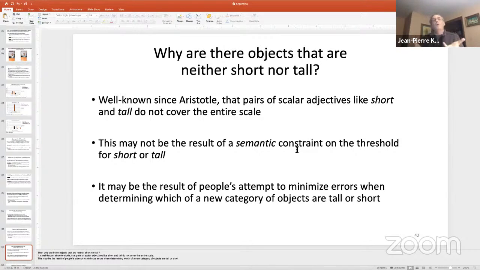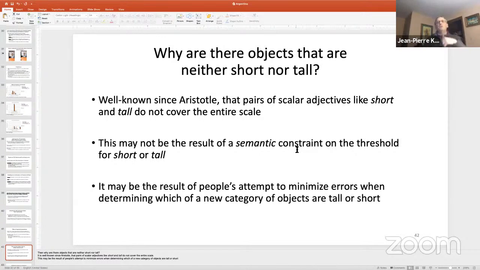And the suggestion we want to make is that this fact is possibly not the result of a semantic constraint, so properties of the meaning of tall or short on where the threshold for short or tall is. It might be the result of people's attempt to minimize errors when determining which of a new category of objects are tall or short.